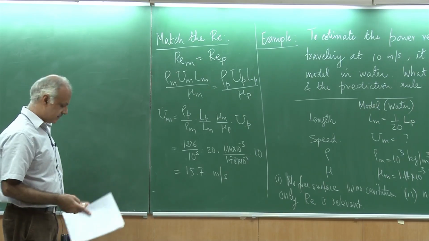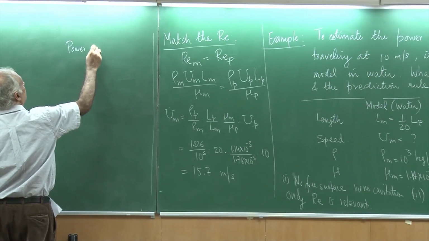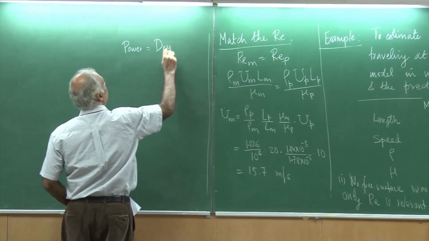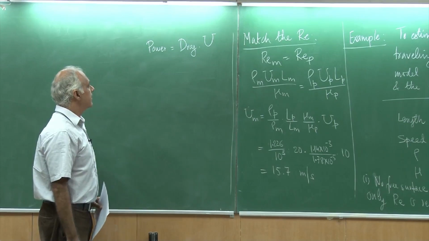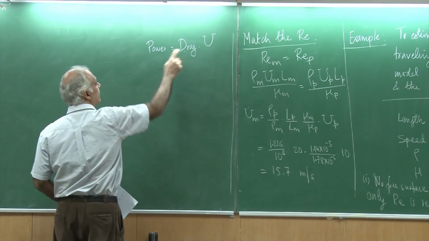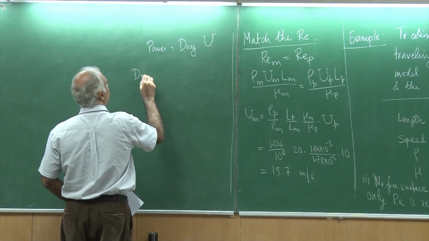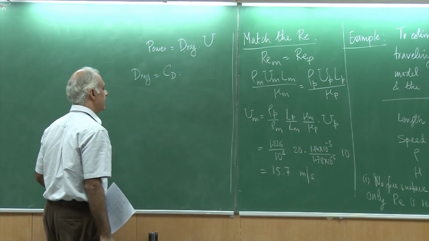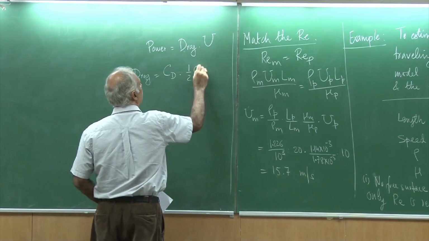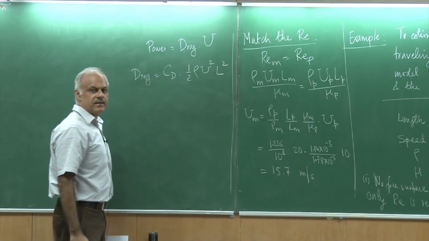Now for the power. As you know, power is drag times the speed, so I must estimate the drag. So drag is given as CD times half rho u square and L square.